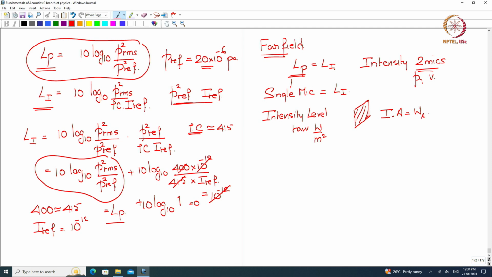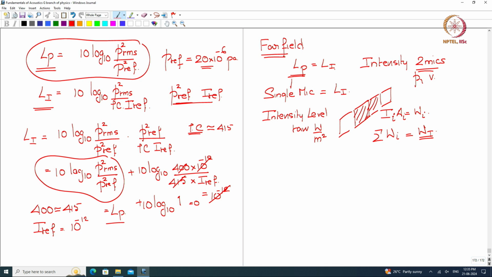So from a single point measurement, you have power, which is an area measure. And if you have many grid points around the source, then you have I into A i is W i from each of these areas. Then you sum up the power from the areas, you have the total power.